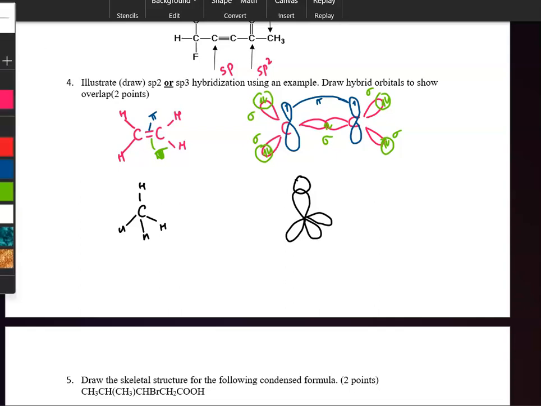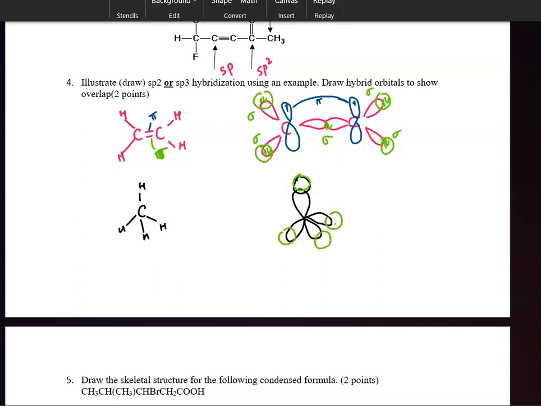So you have the s orbitals of hydrogen atoms. We have 1, 2, 3, 4, right? 4 hydrogens, and again you can draw the 2 electrons in each of these orbitals overlapping from the sigma bonds.